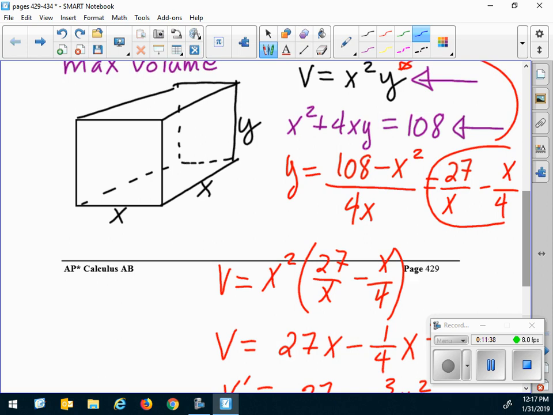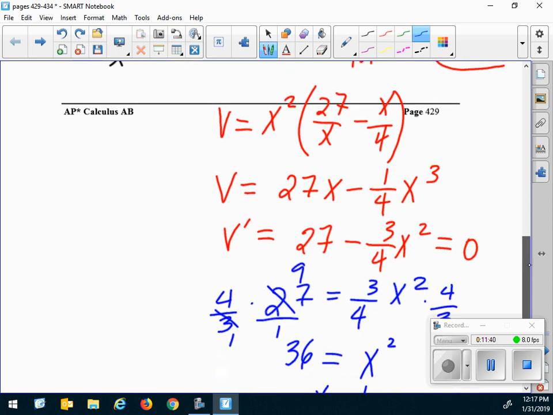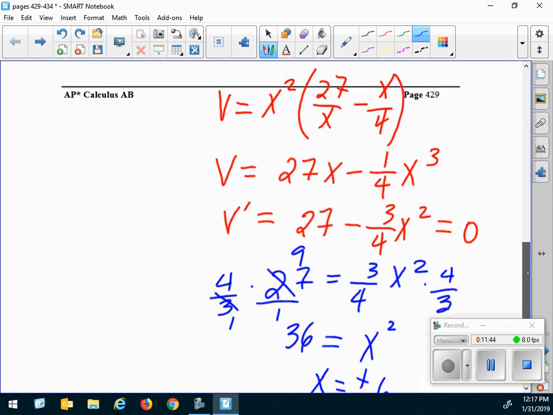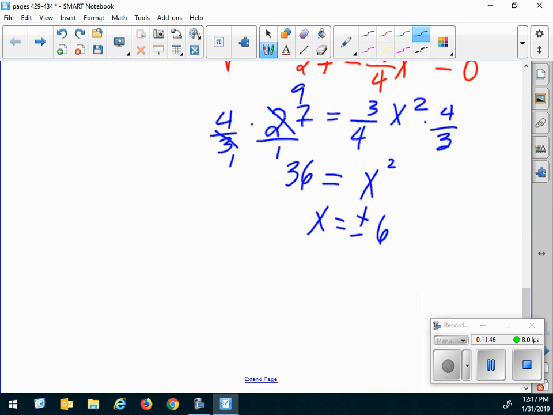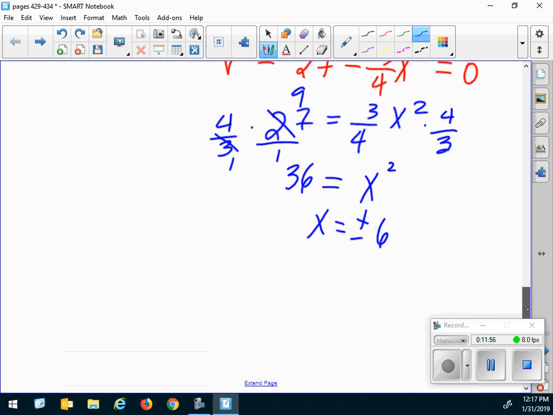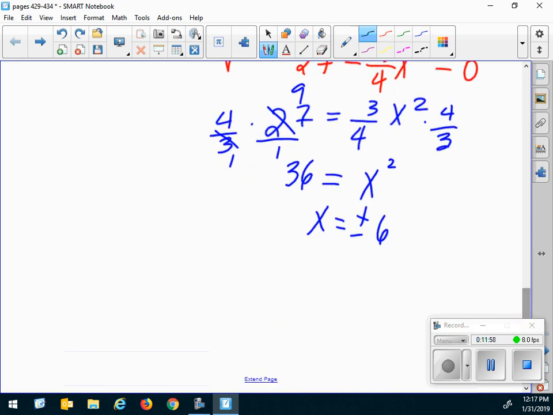Number 2, you're going to ask why you have to, because you don't whine about it and you do it. You have to show that 6 is actually a maximum, which means you have to put it on a sign chart. Don't groan. I don't want to hear it.